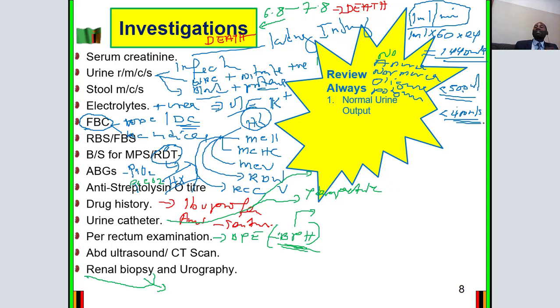So less than 400, it is marked oliguria. I repeat, from 400 mLs to 500 mLs, that is the non-oliguria stage. Below 400 mLs, it's marked oliguria.